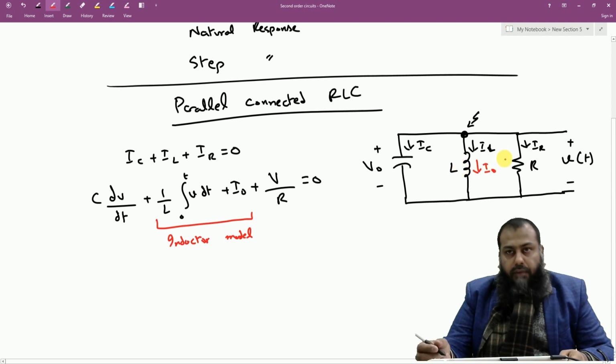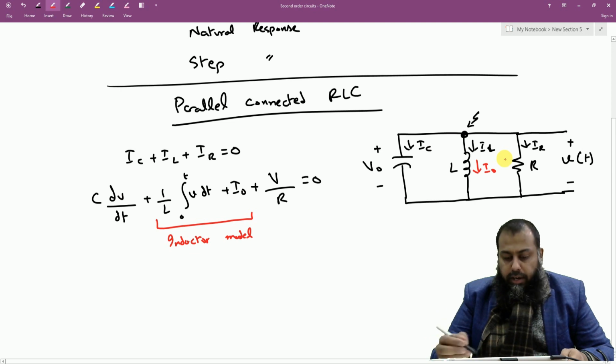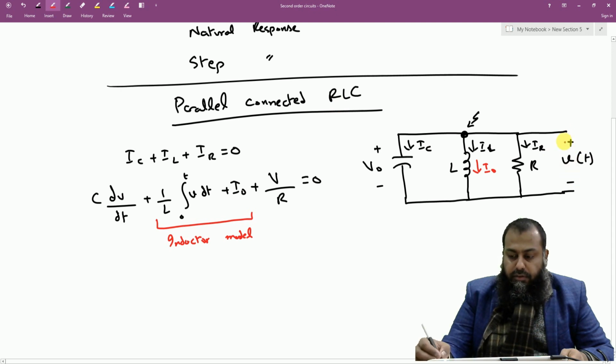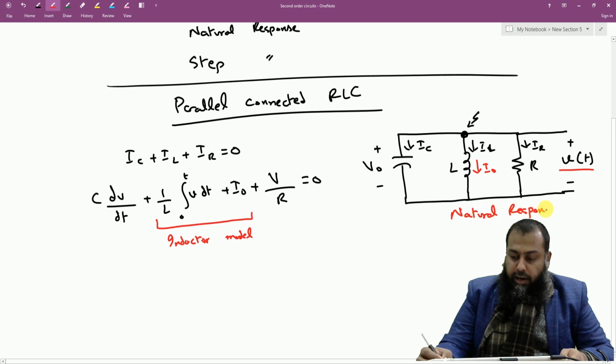before we made this circuit disconnected from the source, because we are currently in a parallel connected RLC circuit and there is no source connected here. We are only interested in finding the terminal voltage, which is V(t). Therefore this circuit provides the natural response of a parallel connected RLC circuit.